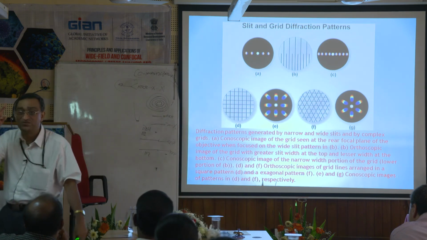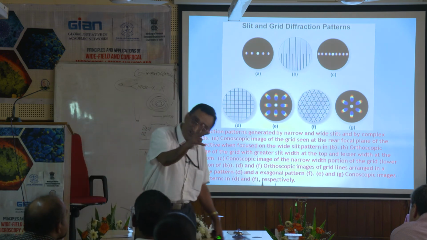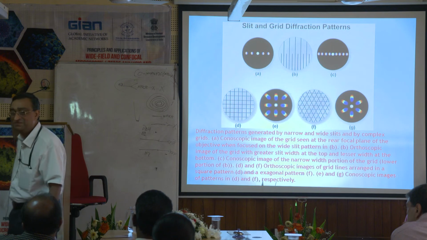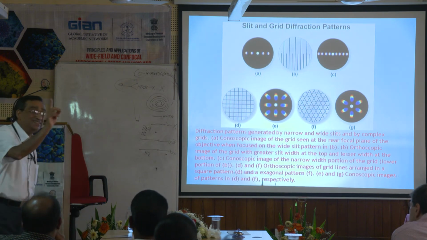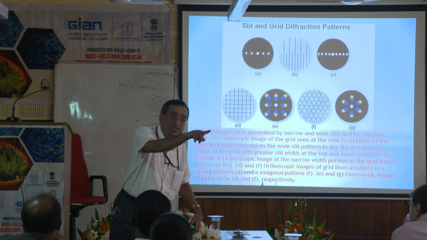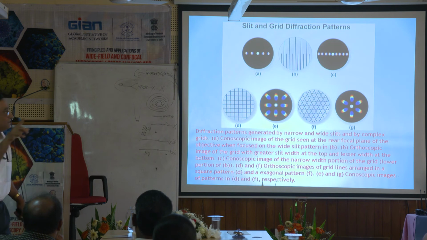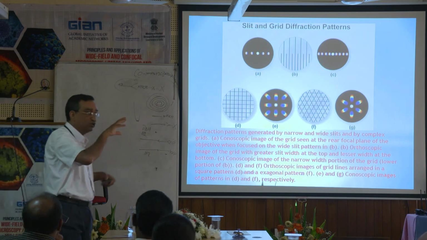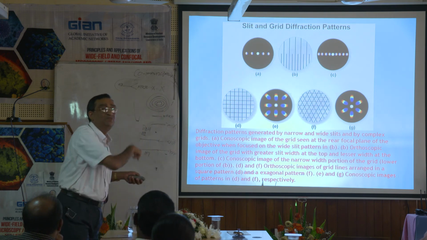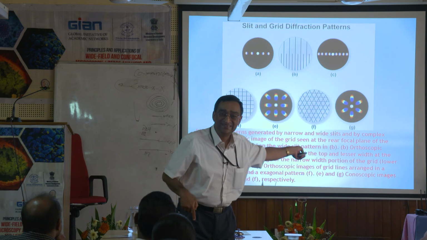So, 2 types of images are possible in a microscope. You may be viewing the orthoscopic image almost every time, whereas there is a possibility for you to see the conoscopic image, which is nothing but an indication of the symmetry of your objects, and this is called a diffraction pattern.